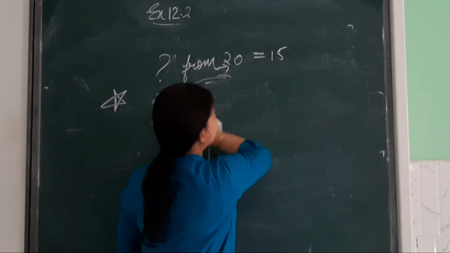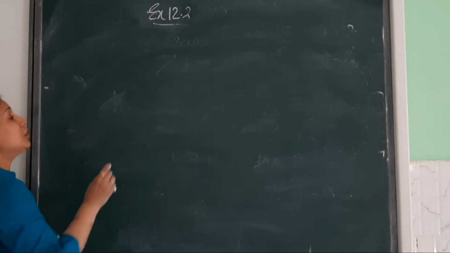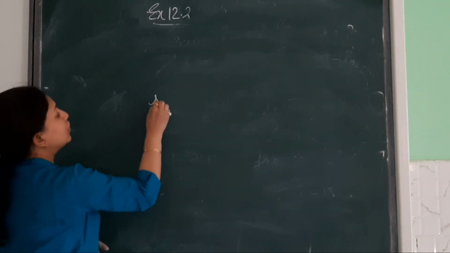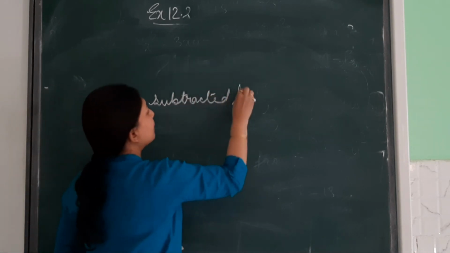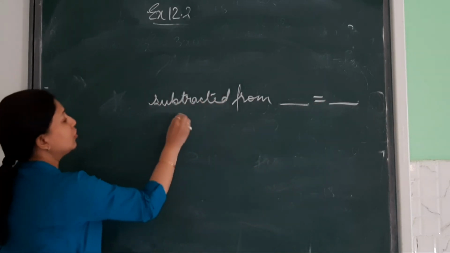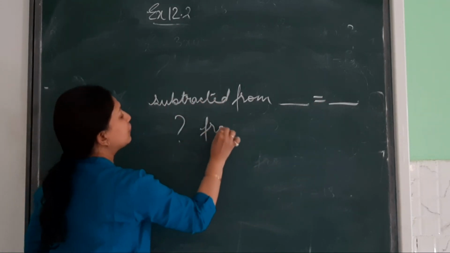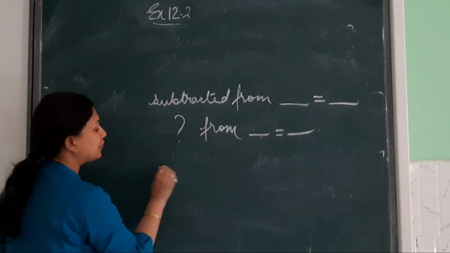I am revising again. The B part you will do. See children, wherever you see a question of what should be subtracted from something to get something, so what you have to subtract from that number to get this, you don't know. So this will come first.